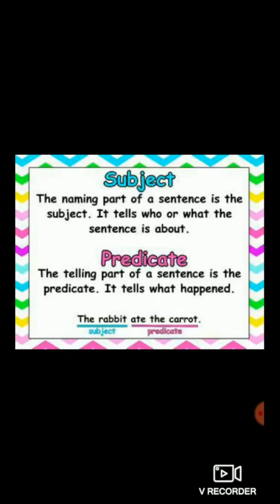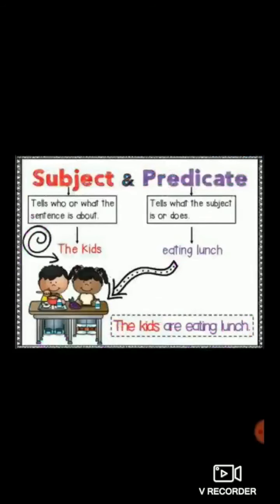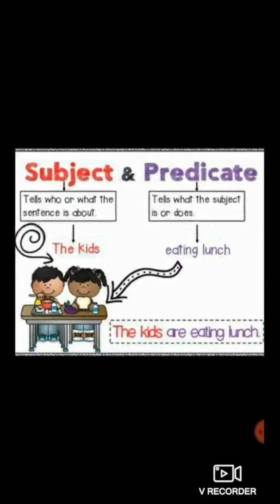Let's understand this concept with the help of more examples. The subject tells who or what the sentence is about, whereas the predicate tells what the subject is or does. For example, the kids are eating lunch.